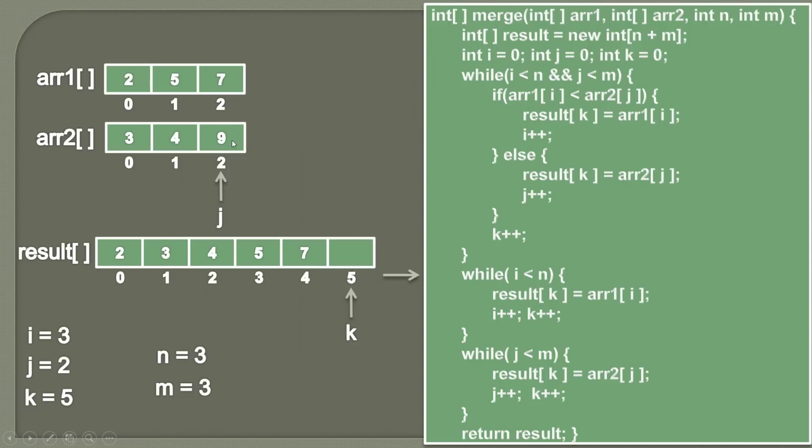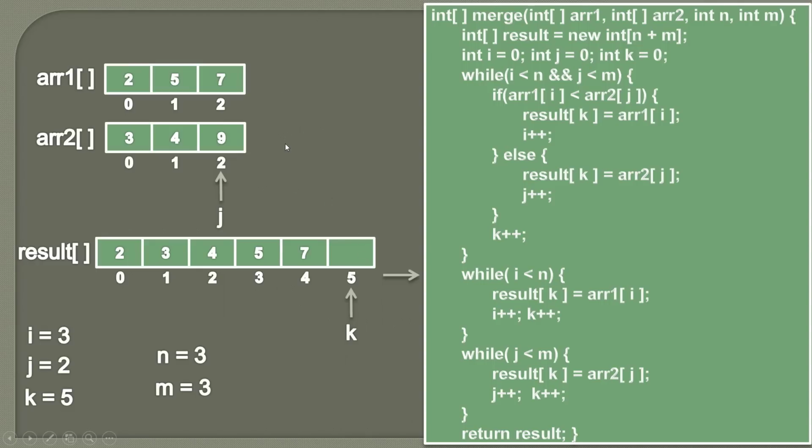Let's say for example array 2 gets exhausted first. Then there can be leftover elements in array 1 which need to go into the result array. So we are providing this while loop where we are simply traversing i to complete array 1, getting those elements from array 1 and filling them in the result array.